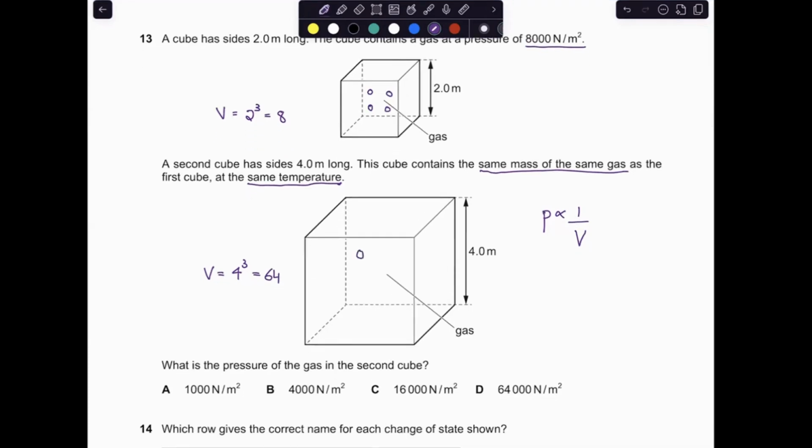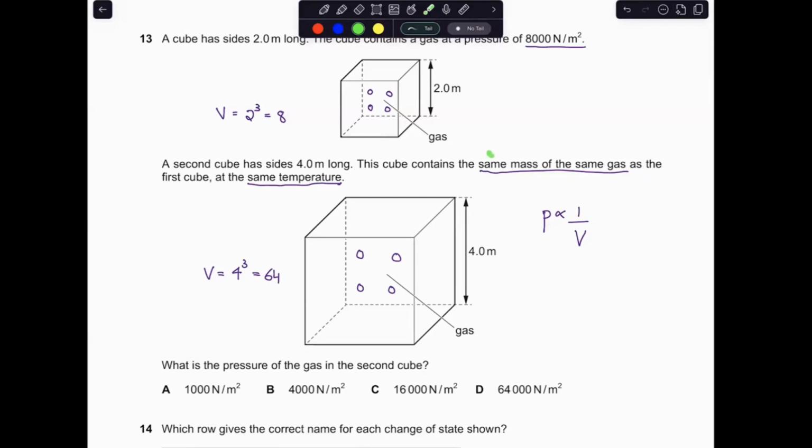And then we have the same 4 particles here as well. Now clearly, because they have a much larger space through which they're going to travel, the collisions with the walls of the container are going to be less frequent. So in the same amount of time, they're going to hit the walls on fewer occasions. Fewer collisions means that the force exerted is going to be smaller, which basically means we're going to have a lower pressure as well.